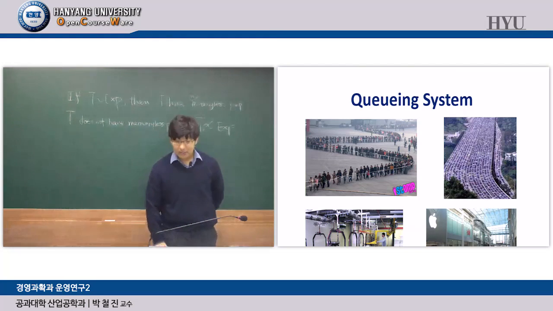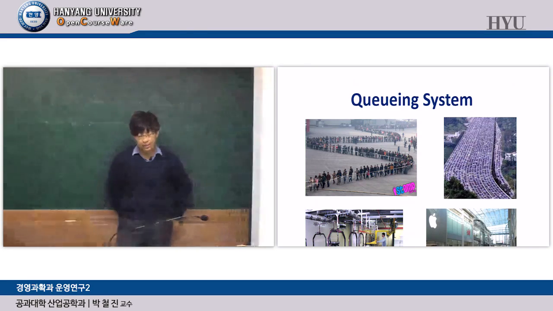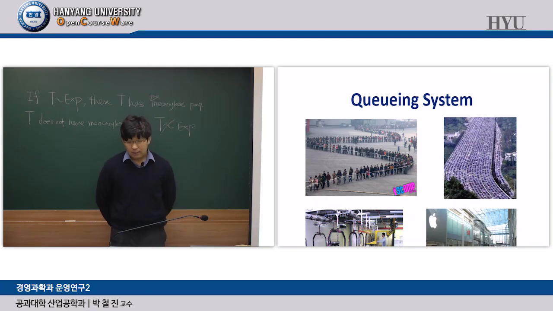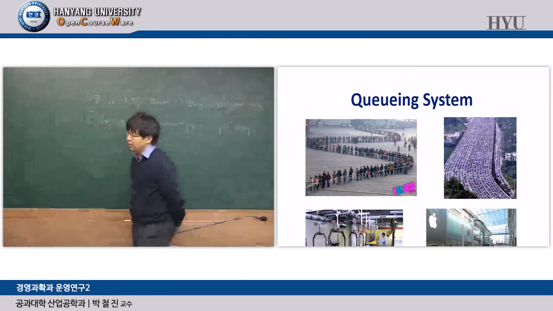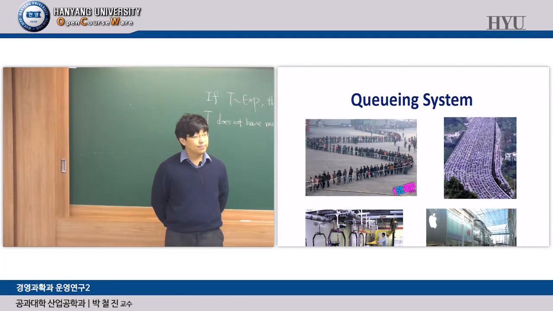And the manufacturing system, if you look at the shop floor, this manufacturing system is like a network of queuing systems. So sometimes we can observe some bottleneck inside the system, a certain step of the process. All these things can be described by some mathematical techniques called queuing theory.